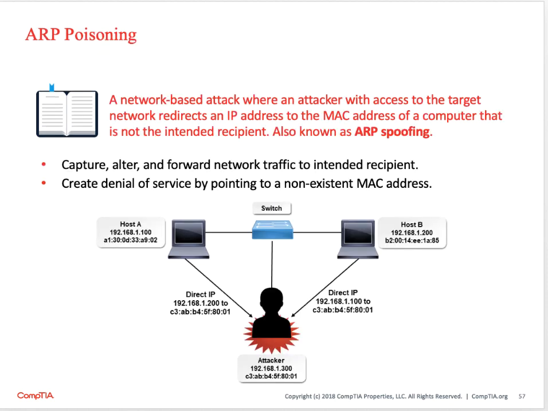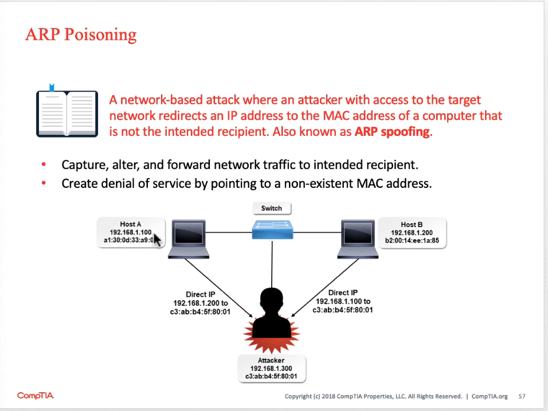Then we have ARP poisoning. ARP, the address resolution protocol, is the mechanism by which individual MAC addresses are matched to an IP address on a network. So let's say we have a table full of IP addresses, and on the left-hand side we've got our IP addresses.